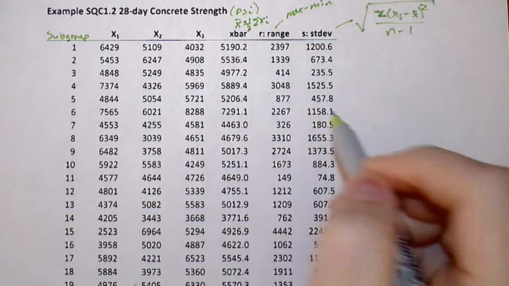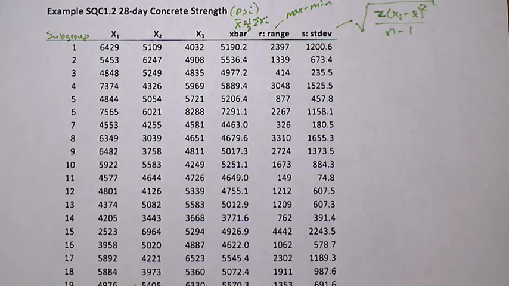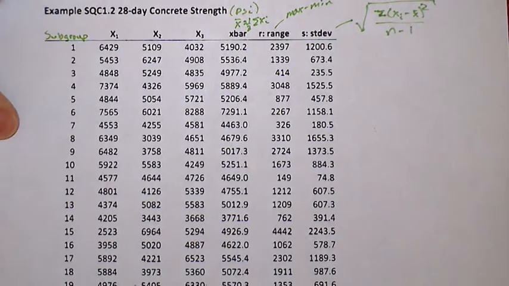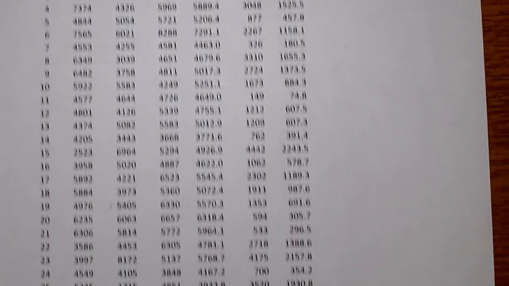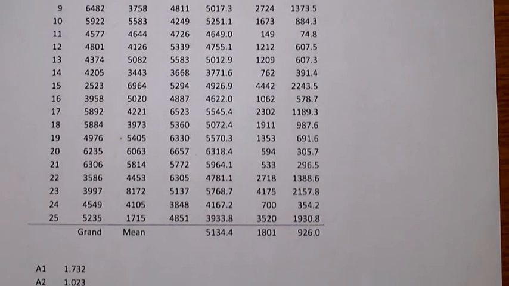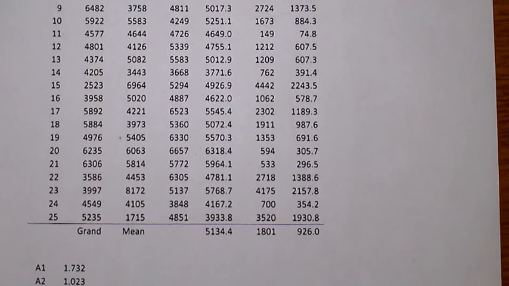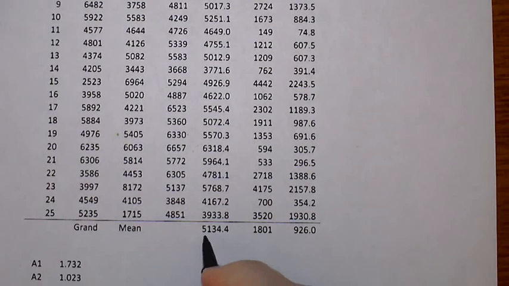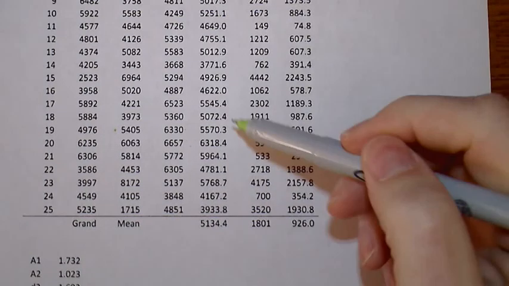Now, if you're doing this using a tool such as Minitab or SPSS and all kinds of other ones, they'll do all these calculations for you. But if you're going to do this inside of something like Excel, you have to build this yourself. The grand mean down here is found by the average of this whole entire column.